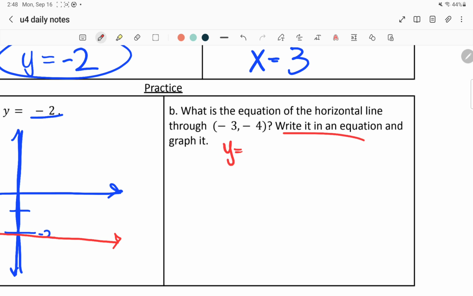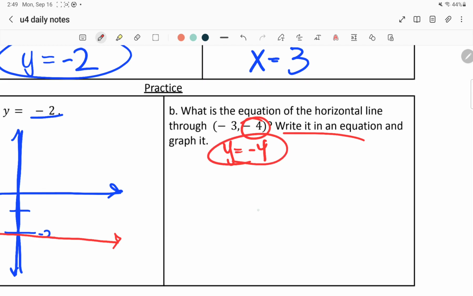So it's going to be y equals, and then what's the y value that I use? And the answer is the y value they gave you. You don't have to go searching for it. Okay? If it said vertical line through -3, -4, you would have put x equals -3 because that's the x value, right?